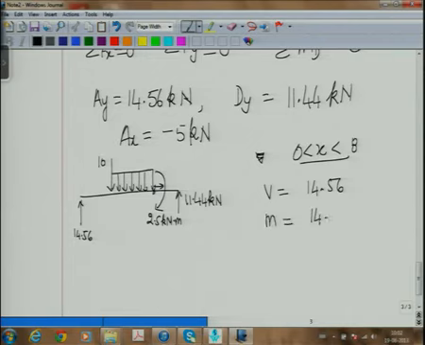Now let me write this, let's see if everyone follows this or not. Notionally what I am doing is, I am cutting a section at x which is between 0 and 8, and there is a single force of 14.56. Now on all sections to its right, what does this 14.56 do? We put a shear force V like this, so V must be equal to 14.56.